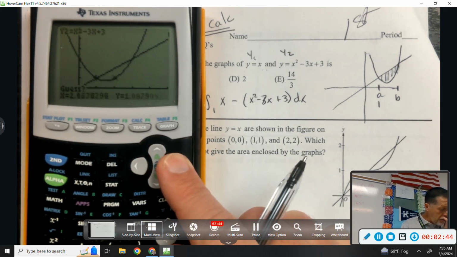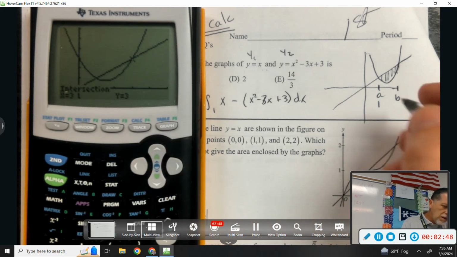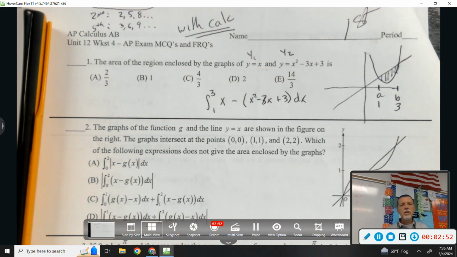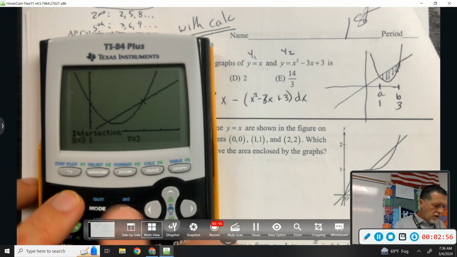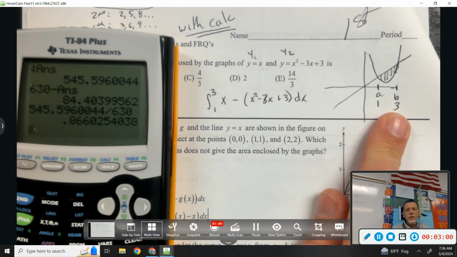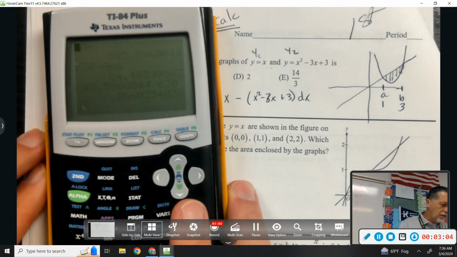Second limit, or the upper limit, is x equals 3. Okay, so from 1 to 3, top minus bottom. And remember, when a and b are weird numbers, we usually store them so that we don't have to type decimals. But when it's 1 and 3, there's no need to store that.